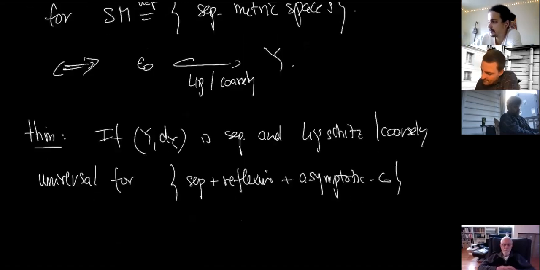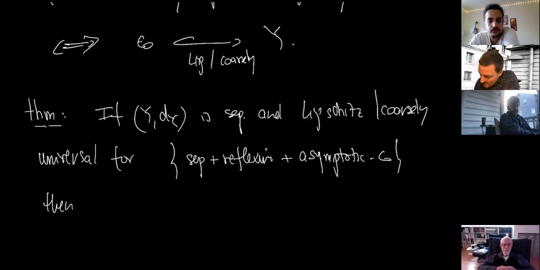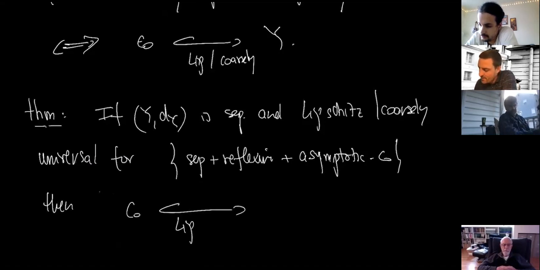Then c0 embeds. So if I started with a Lipschitz universal statement, it's going to embed Lipschitzly. And if I start with the coarse universal statement, it's going to embed coarsely into Y.